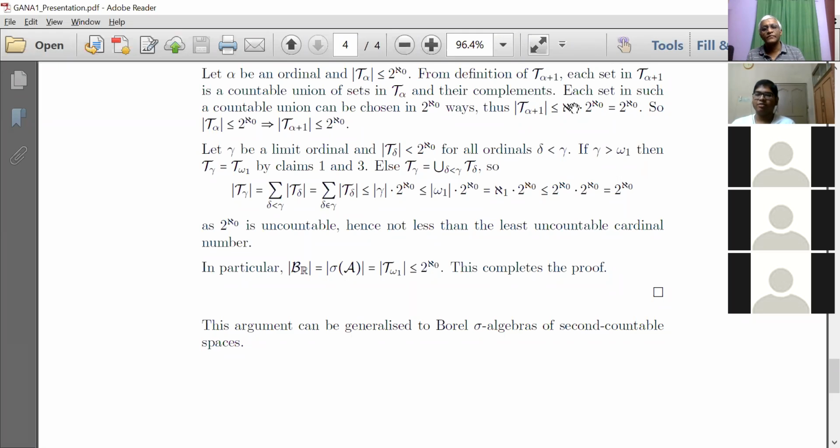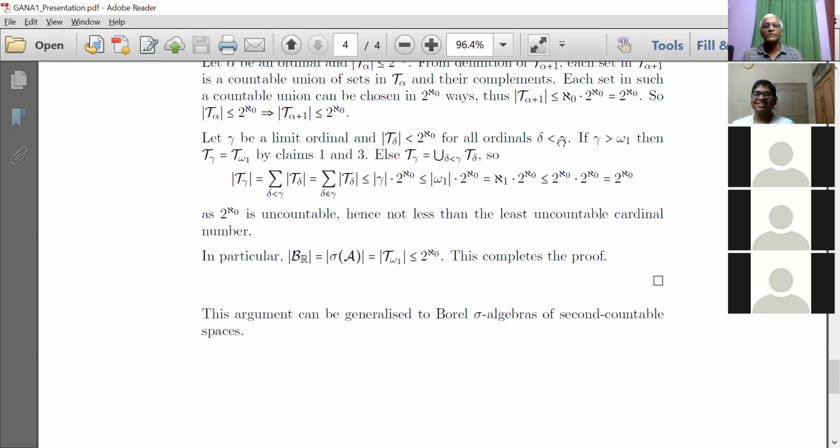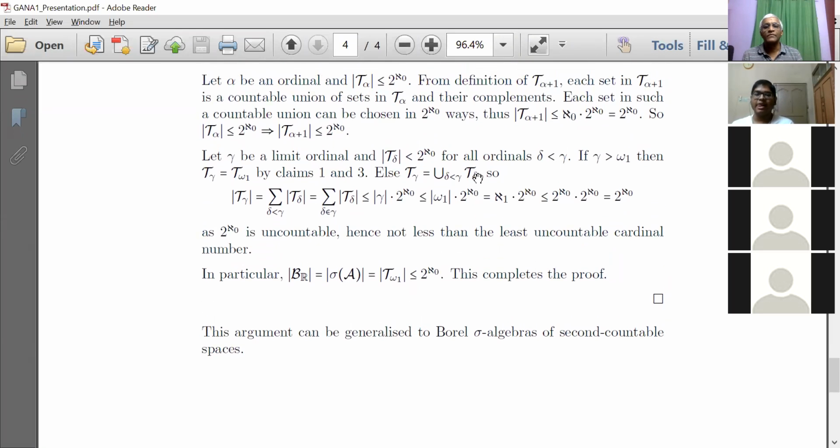I'm not sure whether saying two times aleph naught is well defined, but whatever. Since there are at most 2 to the power aleph naught sets in T of alpha, the cardinality of T of alpha plus 1 will be aleph naught times 2 to the power aleph naught, and by the laws of cardinal multiplication, this is exactly 2 to the power aleph naught.